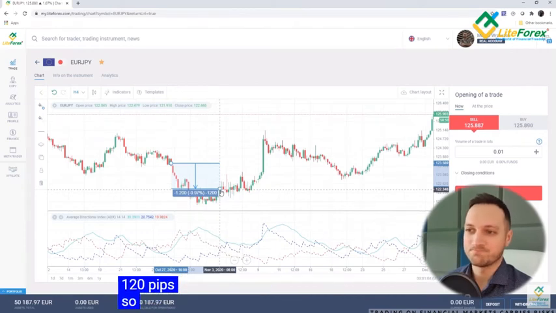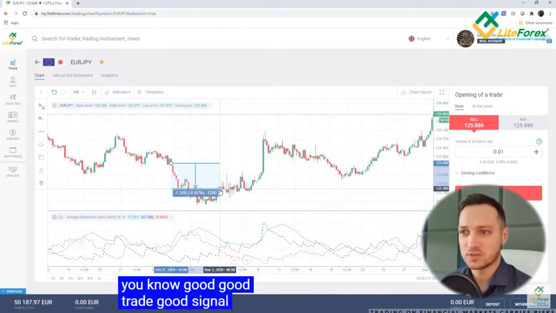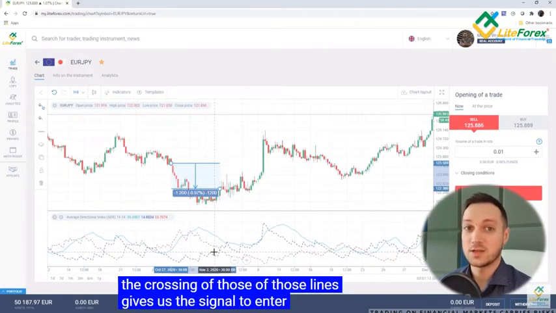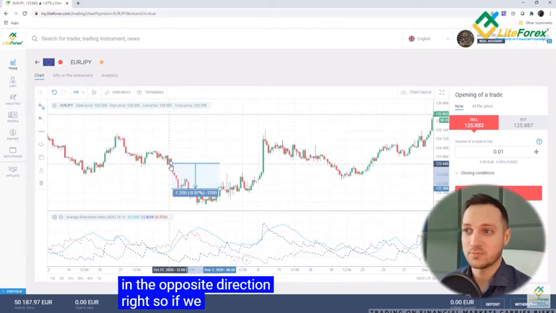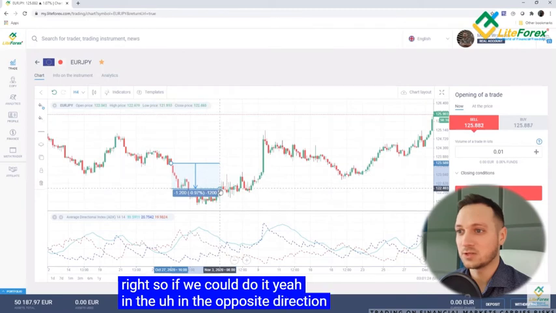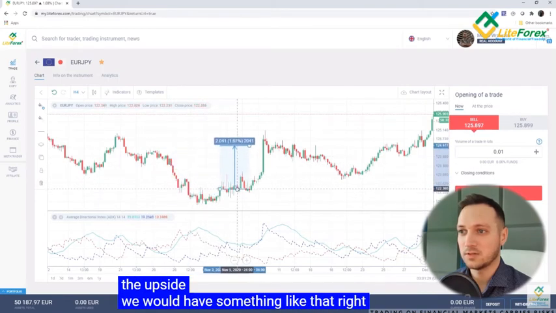So either way, that was a good trade, good signal, and the crossing of those lines gives us the signal to enter the trade in the opposite direction, right? So in the opposite direction to the upside, we would have something like that, right?